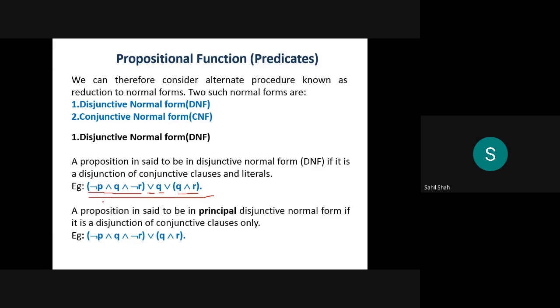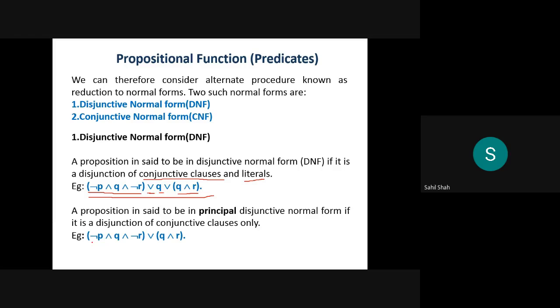Okay. Furthermore, a proposition is said to be in principal disjunctive normal form if it is disjunction of conjunctive clauses only. इथे काय definition? A normal disjunctive form can have disjunction of conjunctive clauses, that is fundamental conjunctions and literals, while in principal disjunctive normal form you could have disjunction of conjunctive clauses only.